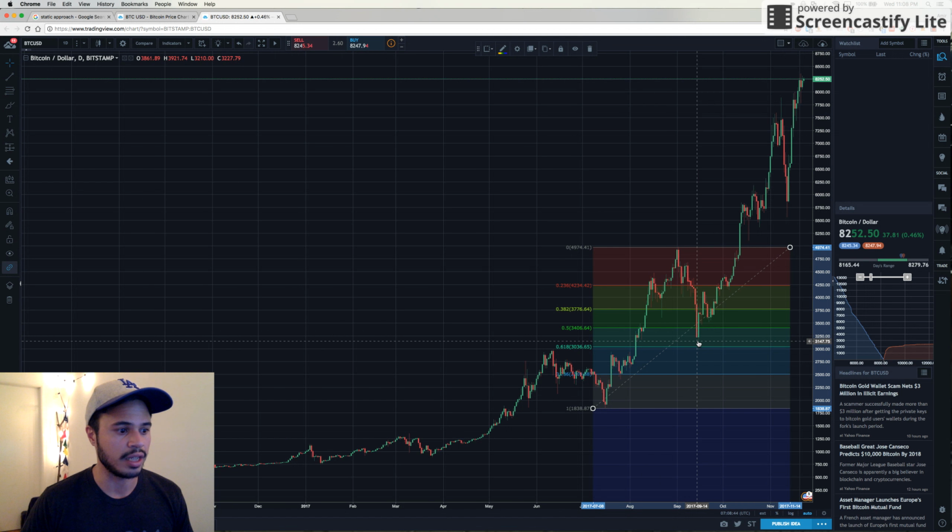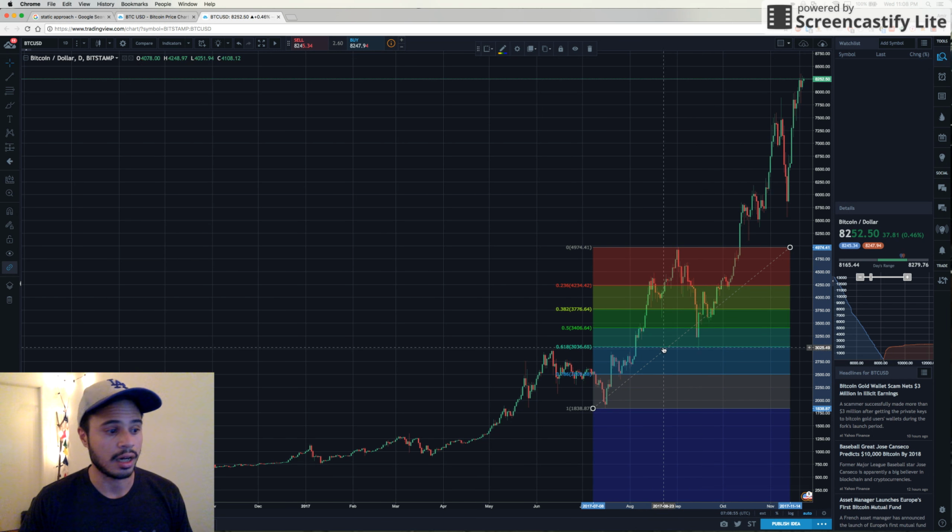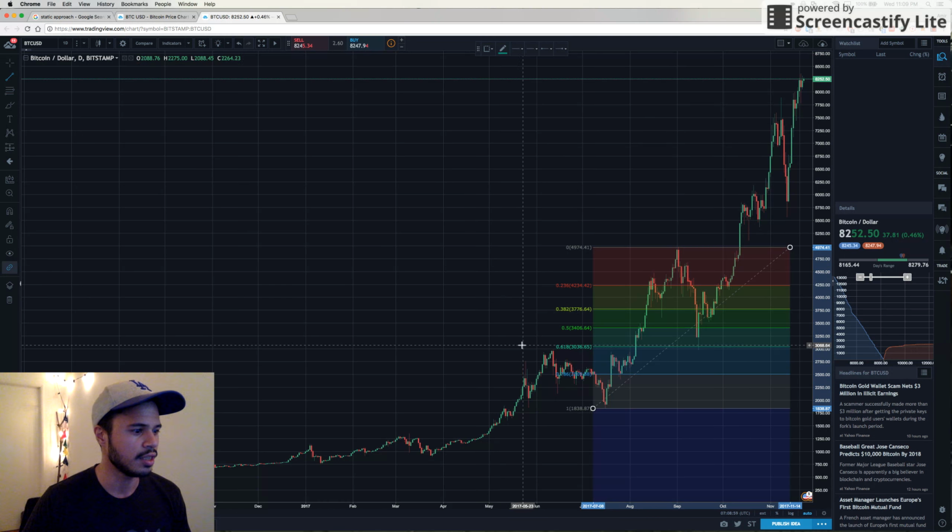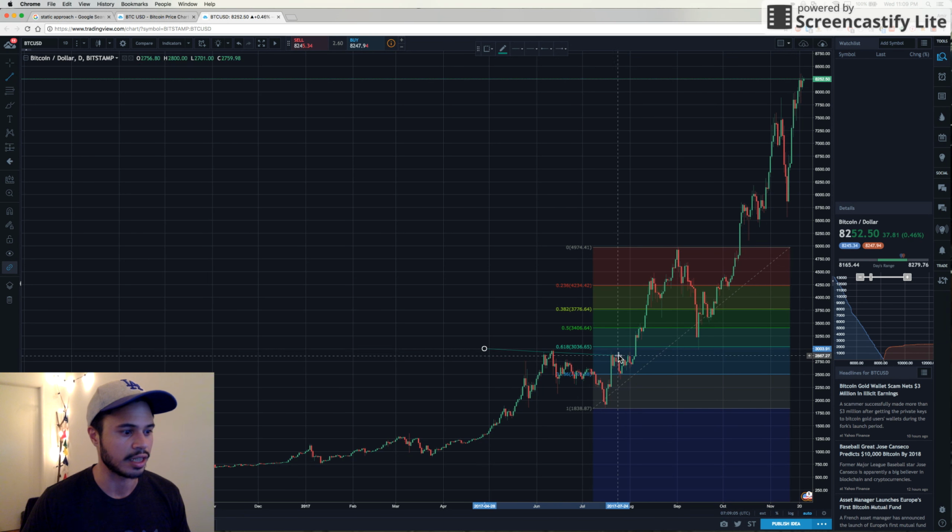And then we get to this third day, this big third candle here, and we touch this 61.8 level, which also happens to be this previous resistance level that we had broken through really quickly. And you see with this big green candle here.